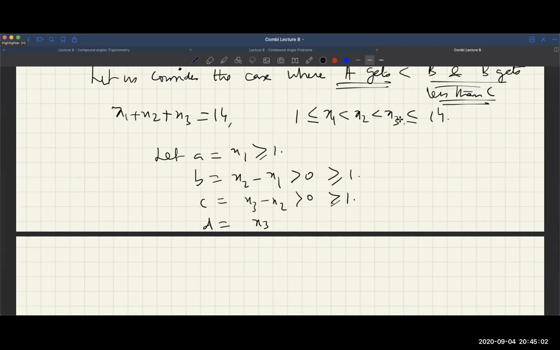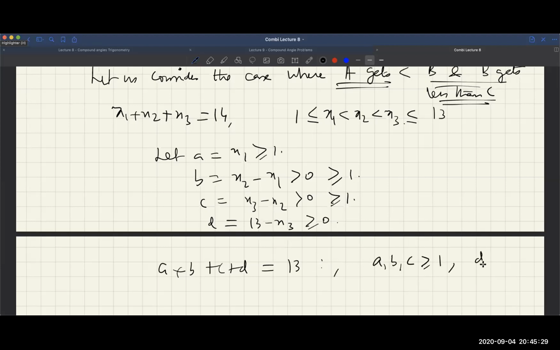Max a child can get is, no, at least one, so he may get 13 toys. Okay, so I can say that this is equal to 13 minus x3, which is equal to D. Okay, and that gives me greater than or equal to 0 in this case. So I get A plus B plus C plus D is equal to 13. Okay, where A, B, C is greater than or equal to 1 and D is greater than or equal to 0. This is what I get.